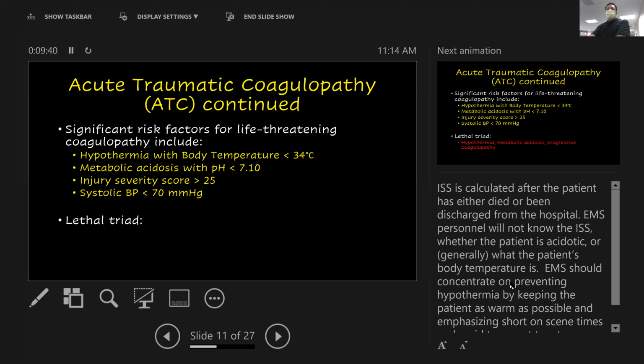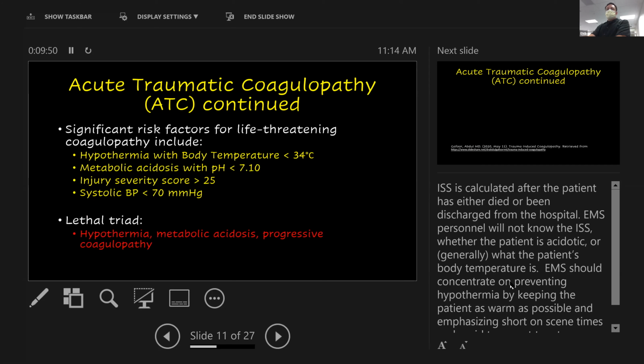And all these things can combine to form what's known as the lethal triad. Anytime something is named a lethal something, you know that can't be good. And this is a triad of hypothermia, metabolic acidosis, and progressive coagulopathy. That's known as the lethal triad.